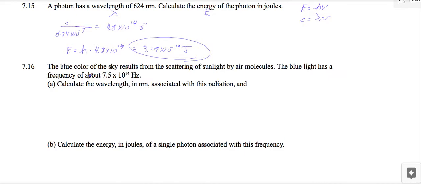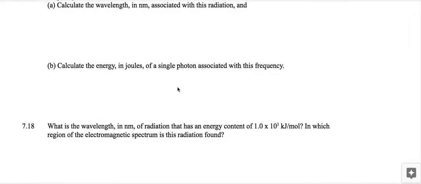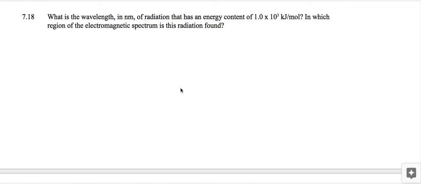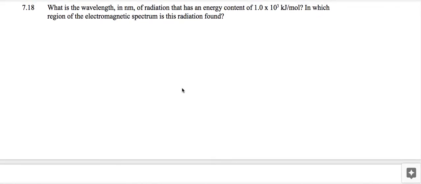All right, number 16 here on mine is not on yours. It's a repeat. We already did that one. So let's go ahead and scoot ahead to number 18. This one is fairly involved. So let's go through this guy together. It says, what is the wavelength in nanometers of radiation that has an energy content of this? And where do we find that?